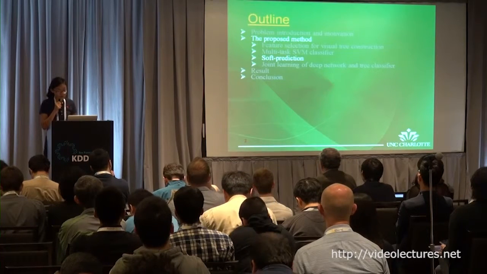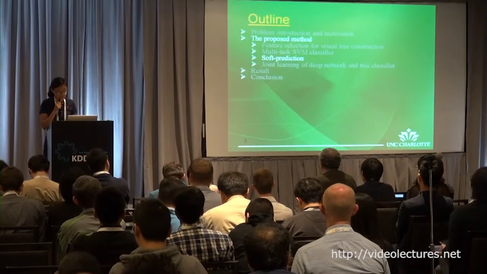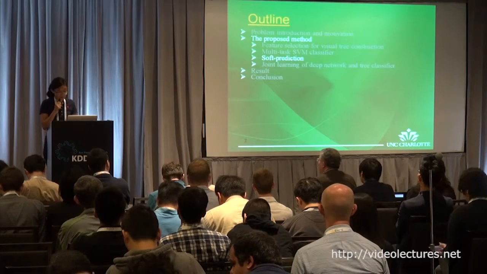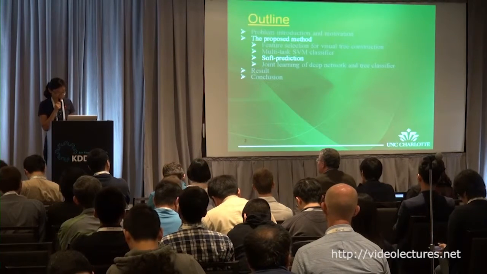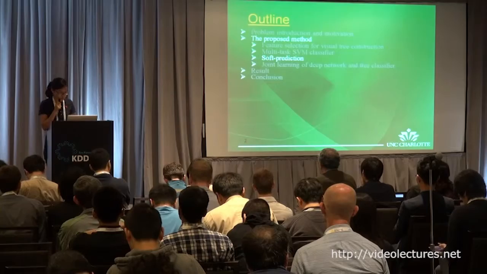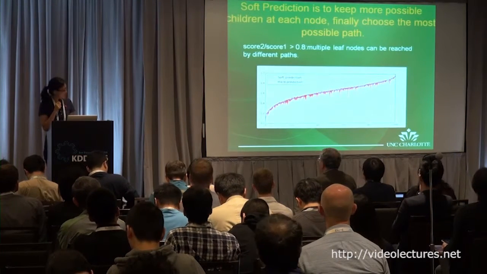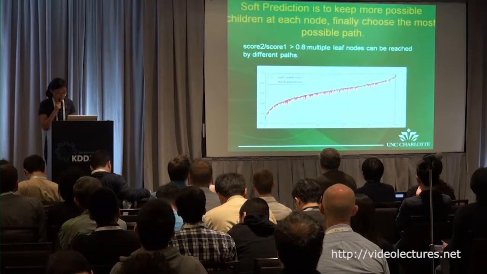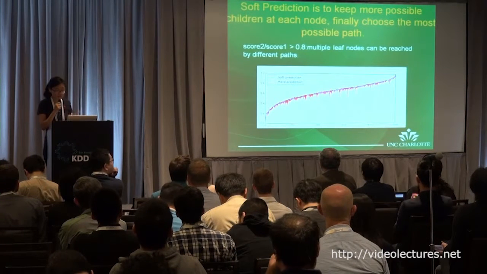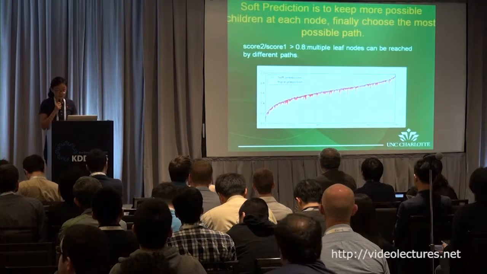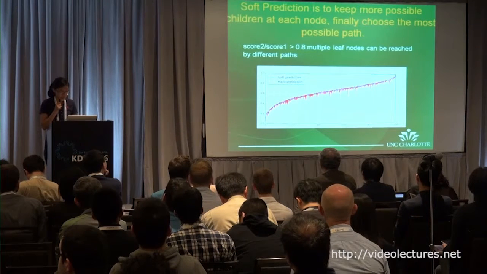So far we have the tree and we have the SVM classifier. There is one extra step to increase our accuracy, and this one is called soft prediction. The soft prediction method is to keep more possible children at each node and finally choose the most possible path.